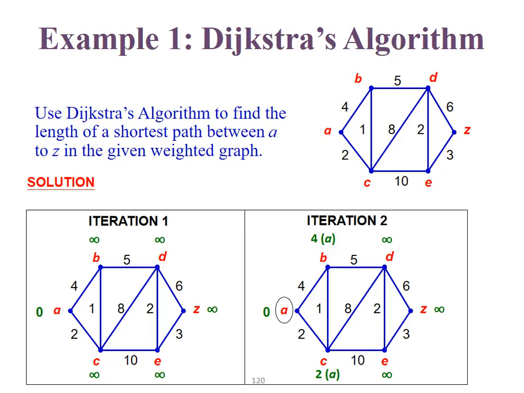We only have the initial vertex which has L(A) equal to 0. So we will include the vertex A in our set S because it has the minimal length.